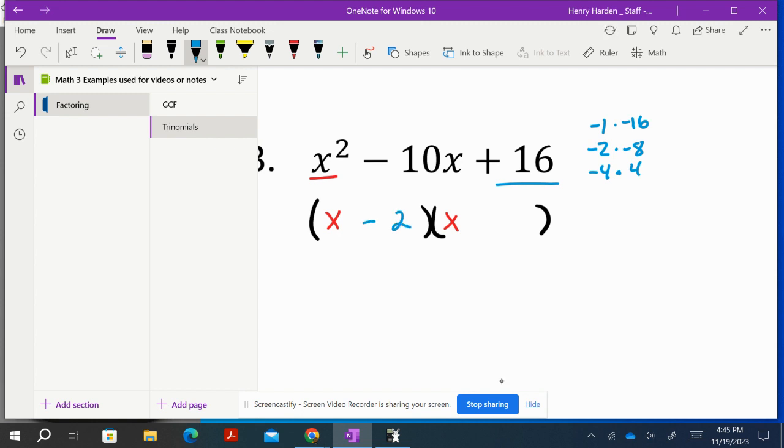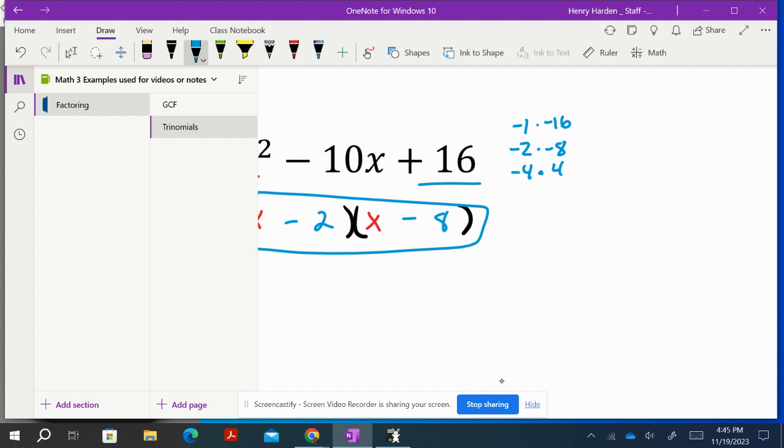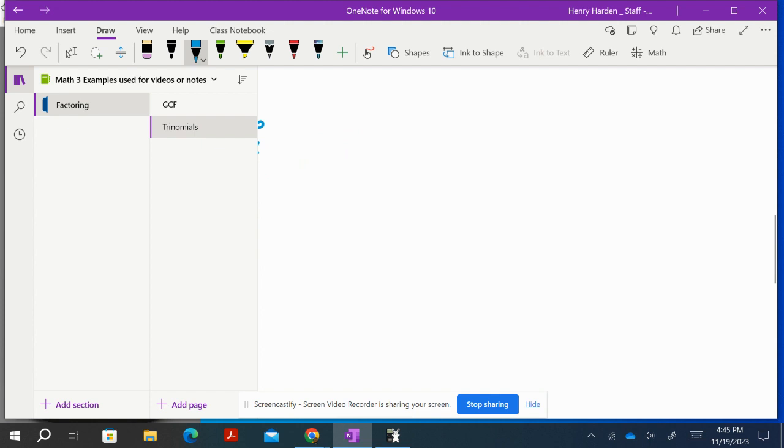So that's going to give me the negative 2 and the negative 8. Because when I check it, that's going to give me negative 2. That's going to give me negative 8. So it's negative 10. And so whenever you have just an x squared, it makes it a little bit easier to factor because you just have to find two numbers from the last number here that will multiply to that and add up to the middle. We don't have to do a whole lot of extra thought.